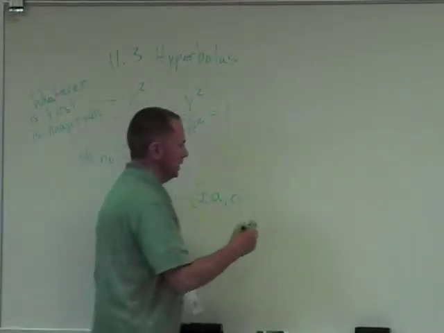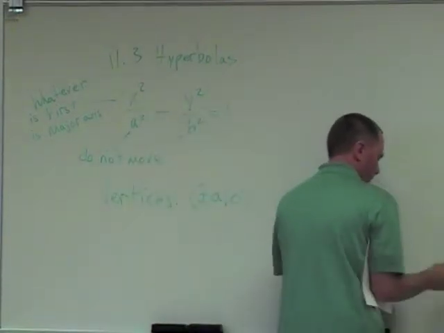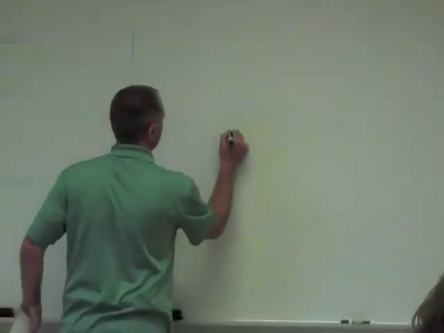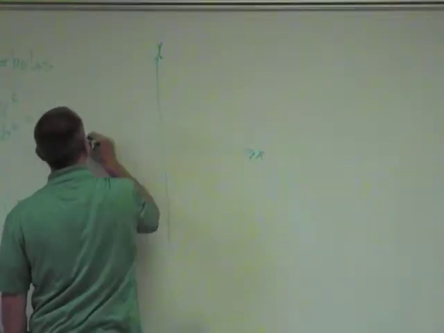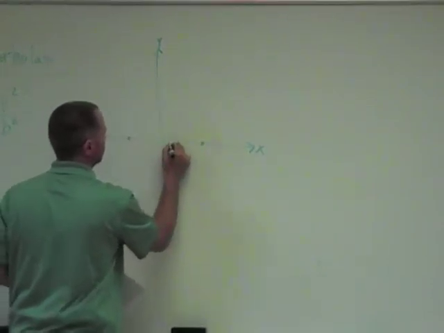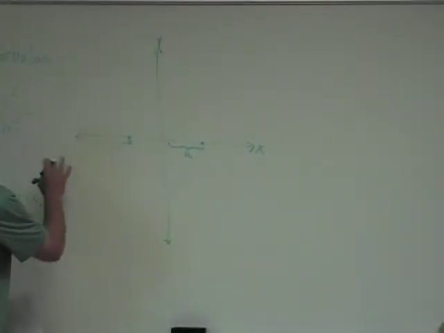All right, so let's start to draw this. Leave a little space here, we're going to add to it. So we'll call this a, and that's negative a. Those are our vertices. We're horizontal because x is first.